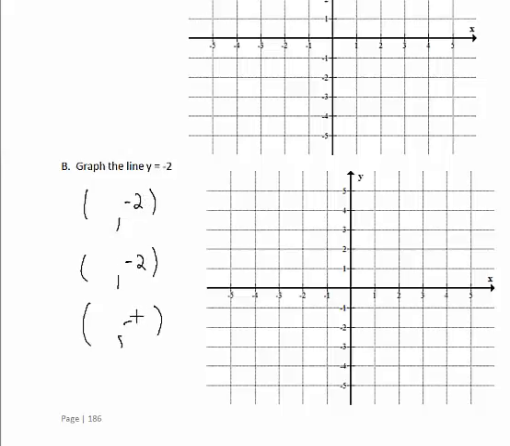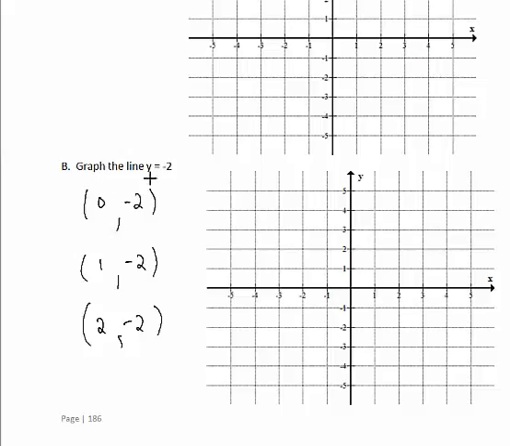So you have to fill in the y coordinates of your ordered pairs with -2, and then your x can be anything. We'll say 0, 1, 2. Plot these points, and if you plot them correctly, you know that this strategy depends on your ability to plot points.